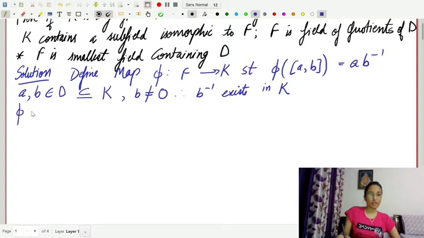Now, phi is well defined as well as 1-1. How? Let's see.